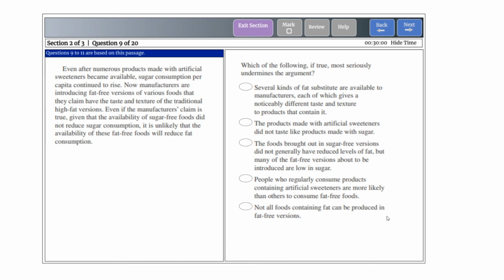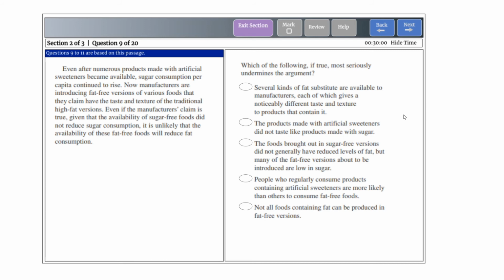For instance, E: not all foods containing fat can be produced in fat-free versions. That's probably true, but it doesn't have any bearing here. Maybe also A: several kinds of fat substitutes are available to manufacturers, each of which gives a noticeably different taste and texture to products that contain it. Again, something that already seems true but doesn't seem to have much of an effect.